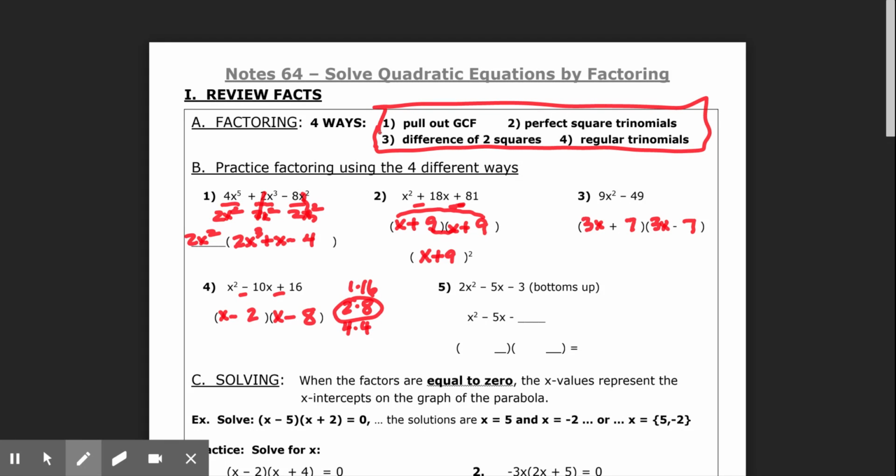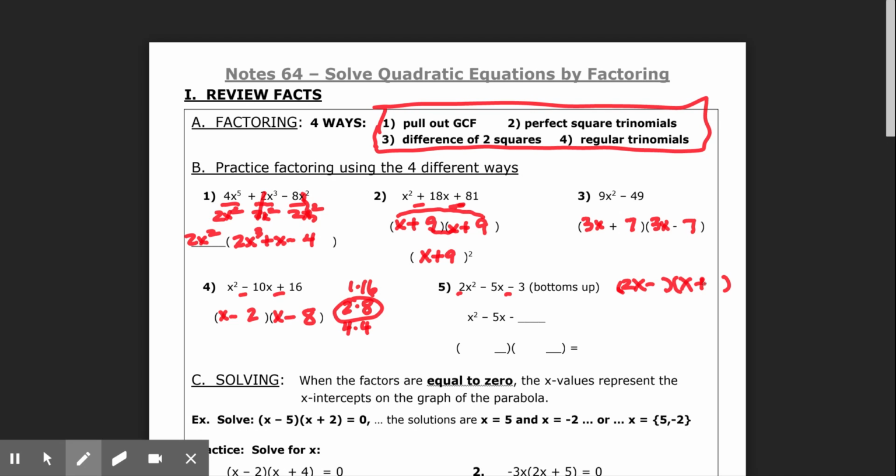Now then, number 5. This you could actually do by using the regular trinomial. So what you could do is this. You could just do a trial and error. Factors of 2, your leading coefficient, would be 2x and x. Since that's a minus, it tells you they're going to be different, so minus plus. And then you need factors of 3 that will give you 5.